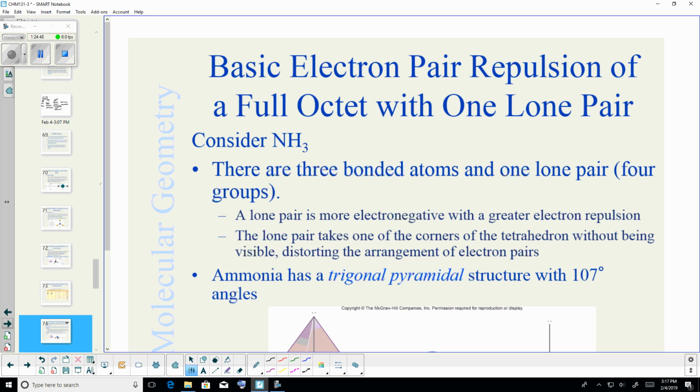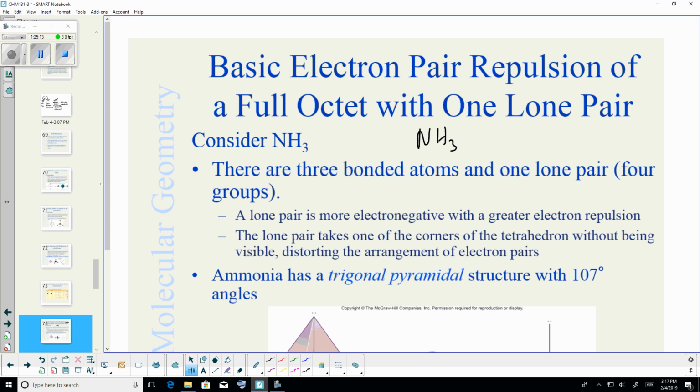So if you look at ammonia, and when you do these, you have to look at the Lewis structure. We did ammonia again, just as a review: NH3.